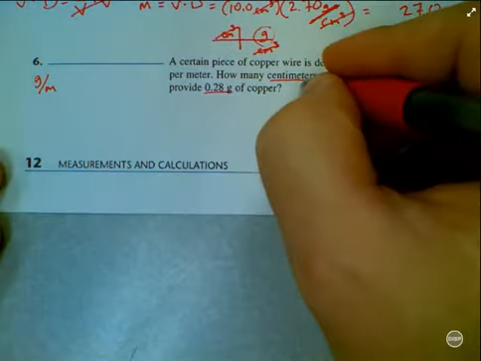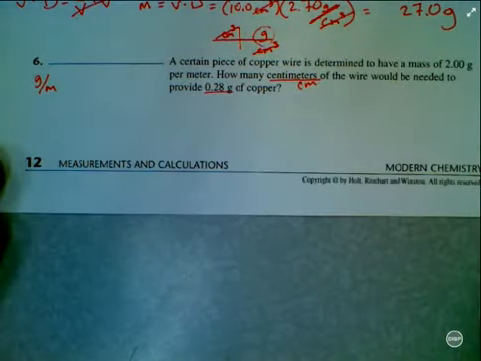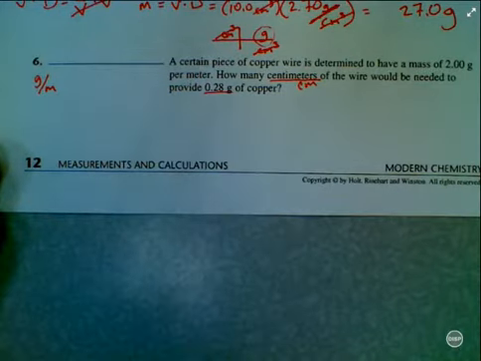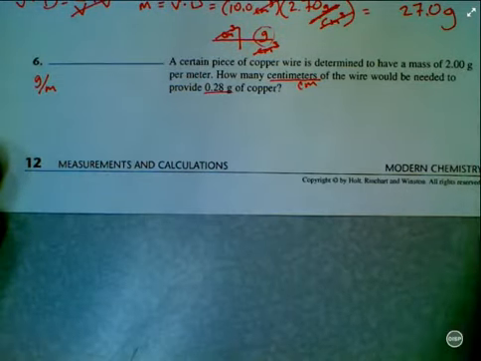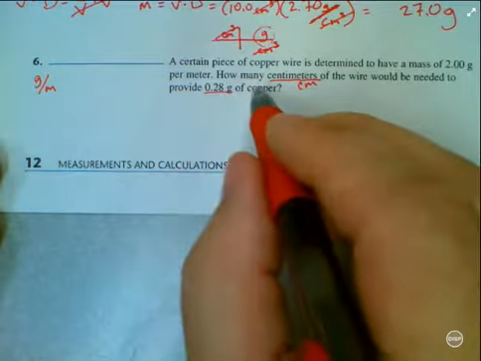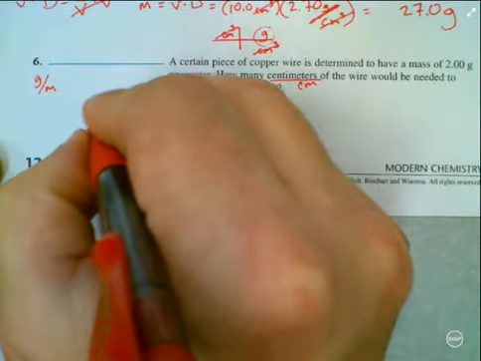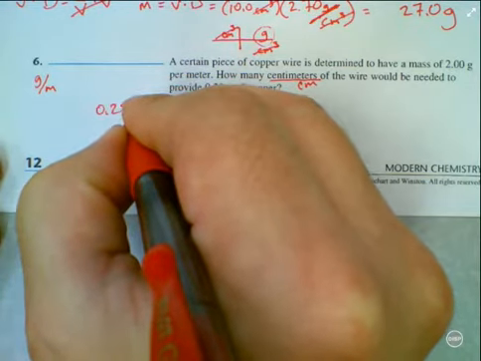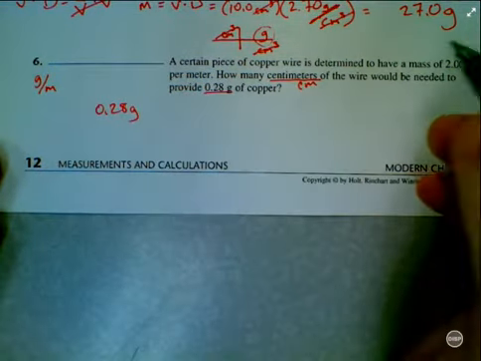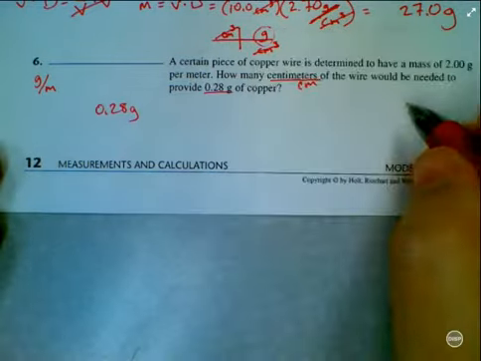And so the question is going to be asking for my answer in terms of centimeters. The piece of information that the question has given me is this 0.28 grams of copper.